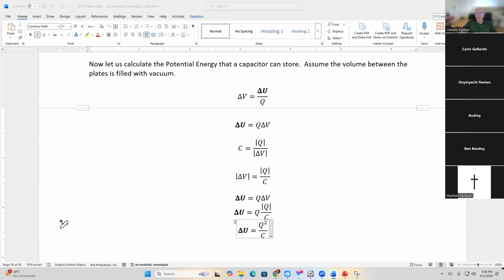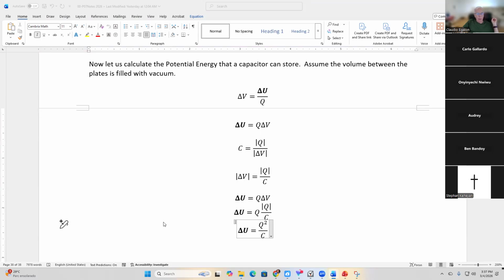But this is not quite the correct result, okay, folks? There's something missing in the derivation. What you have to understand is that we have a linear relation between one and the other.